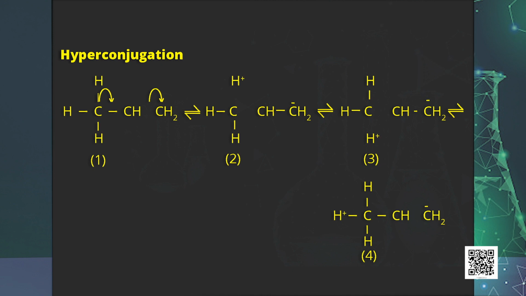One of the carbon hydrogen bond of the adjacent methyl group can align itself in the plane of the empty p orbital, and the electrons constituting the carbon hydrogen bond in plane with this orbital can then be delocalized into the empty p orbital of the positively charged carbon atom. This type of overlap stabilizes the carbocation because electron density from the adjacent sigma bond helps in dispersing the positive charge.